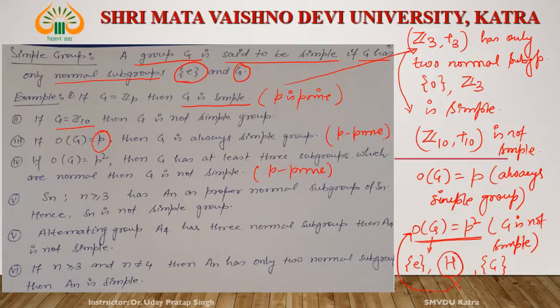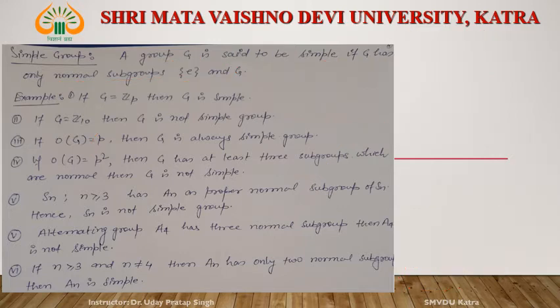Symmetric group Sn. S1 is simple, right? S1 and S2 are simple. But S3, right?